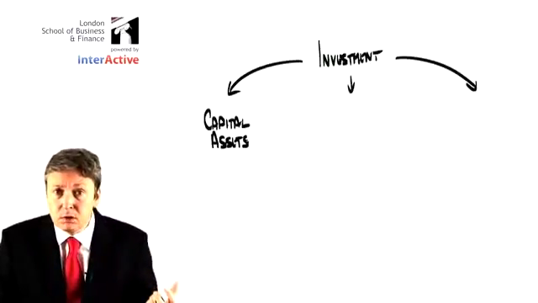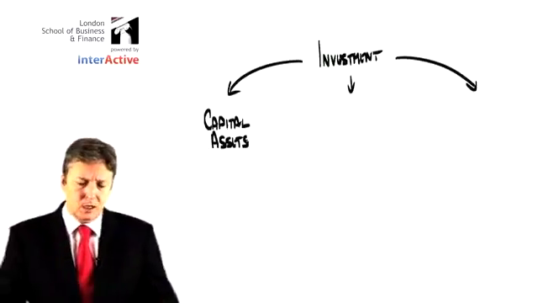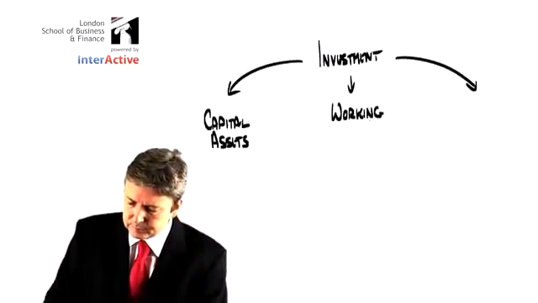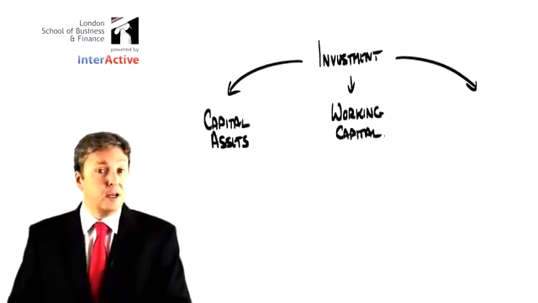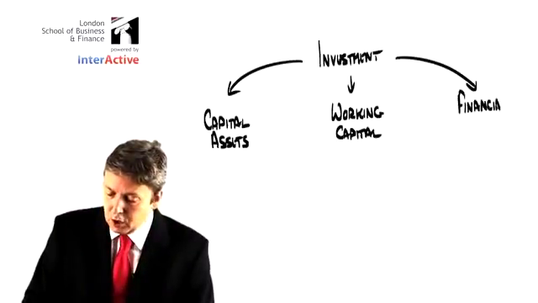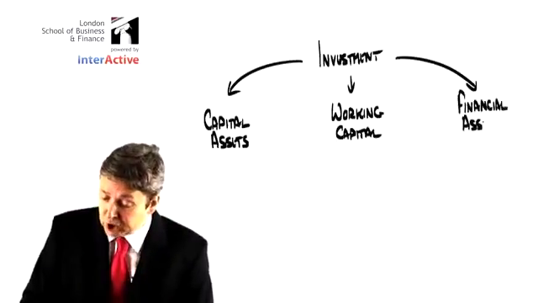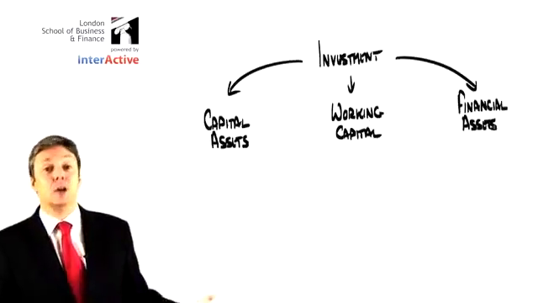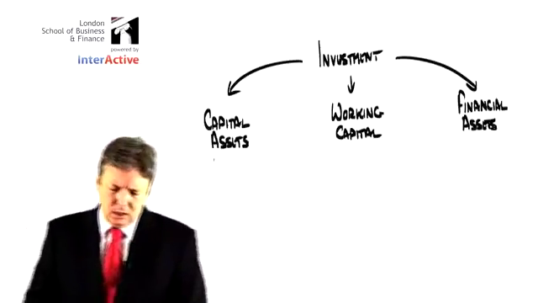A return? To make money. Secondly, we could invest in working capital. And finally, we can invest in financial assets. You know, we could invest in what? Shares of another company, or we could put the money in the bank and earn interest.